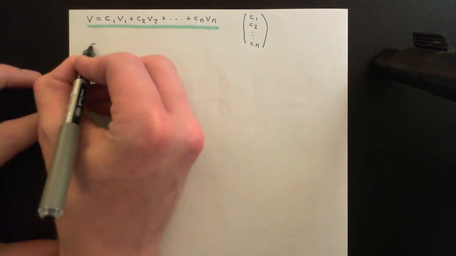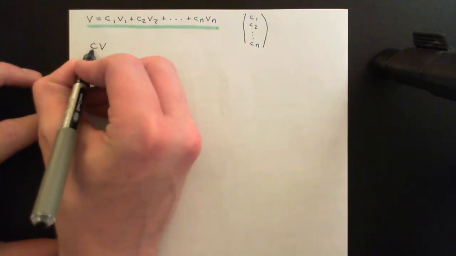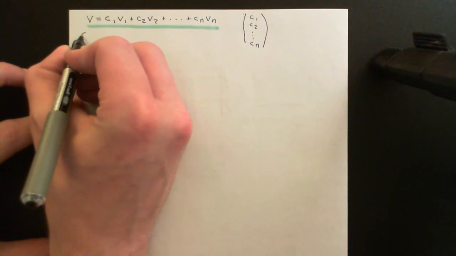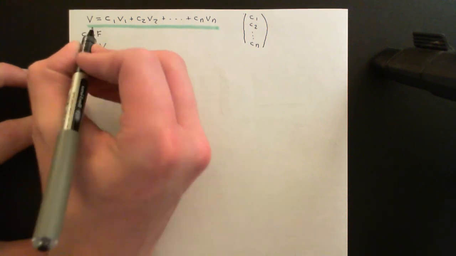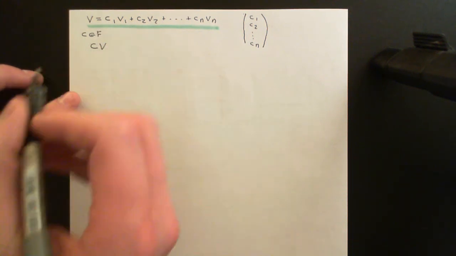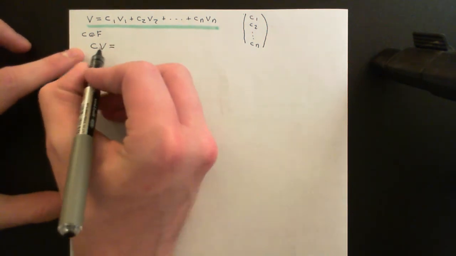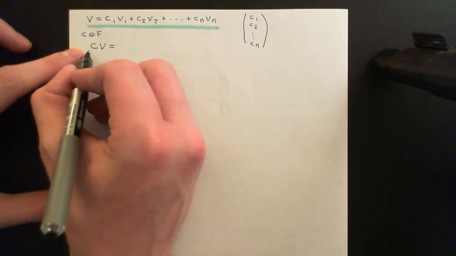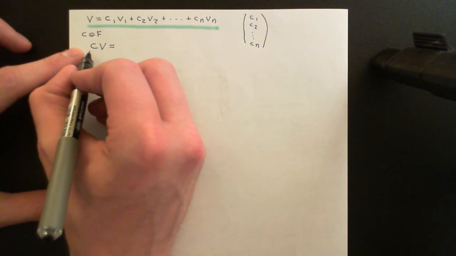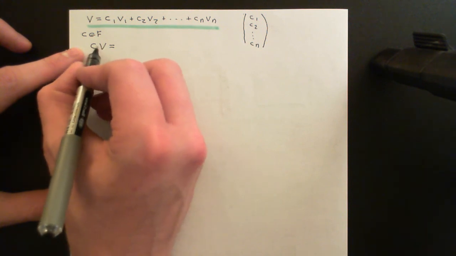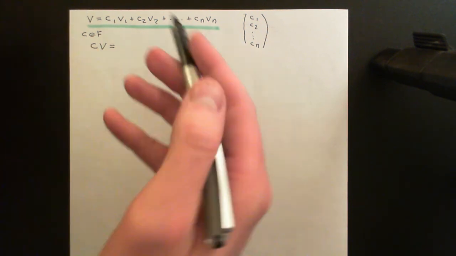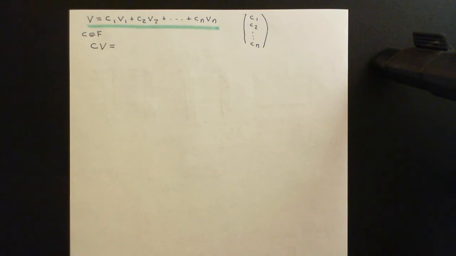So we are going to consider our vector v scalar multiplied by some element of the field c. c is just some arbitrary element of the field, and we are now going to scalar multiply the vector v by c. What we're going to try and do is write this scalar multiplied vector, v by c, as a linear combination of the basis vectors v1, v2 all the way up to vn, and then of course we'll have its coordinate vector.